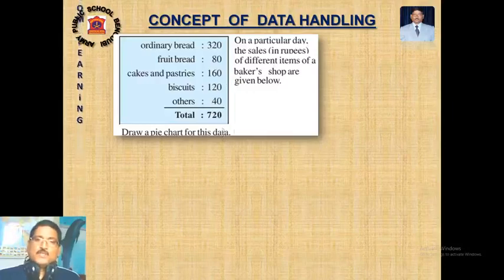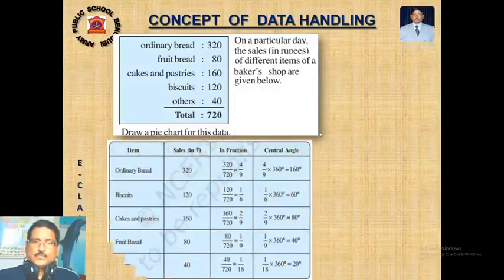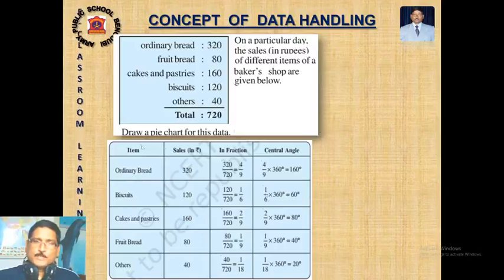For this, first we have to convert each individual share: item, then share, then fraction, then central angle. So we have to draw a rectangular box divided into item, share, fraction, central angle. Item is ordinary bread, and how much ordinary bread sold? Rupees 320. 320 out of how much? 720.